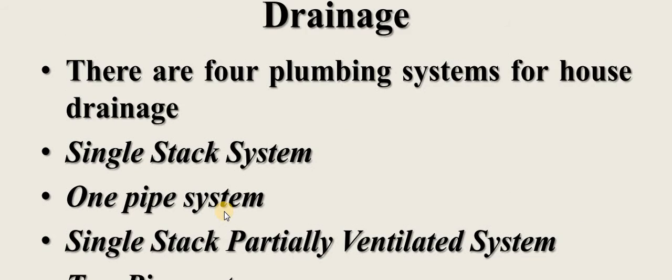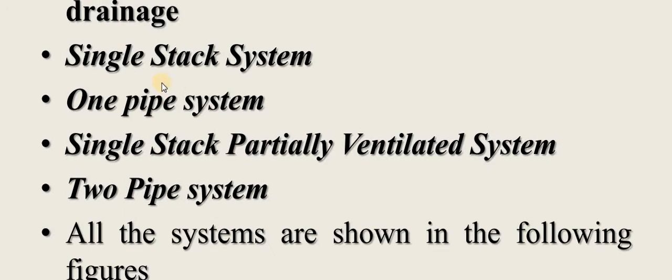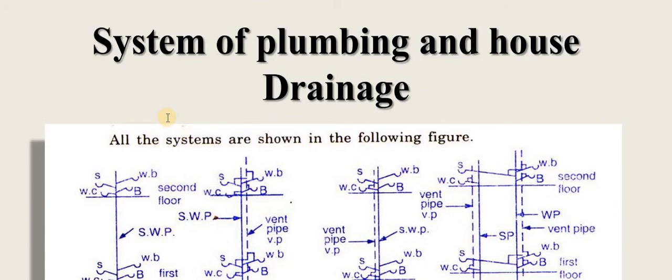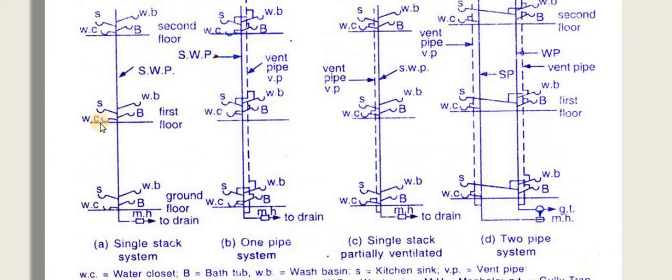So first of all you have to understand that there are 4 plumbing systems for house drainage. Moving ahead, all 4 systems are shown in this figure.